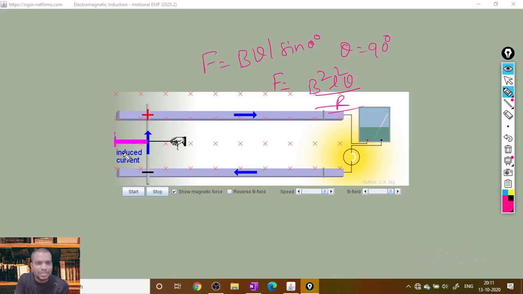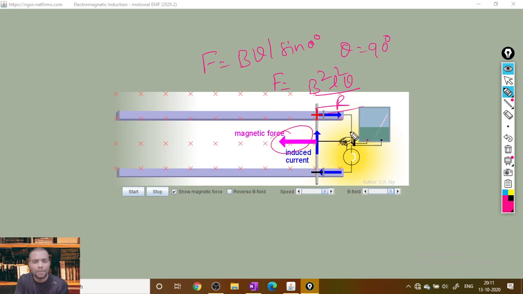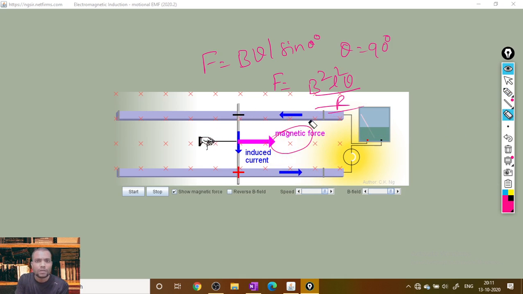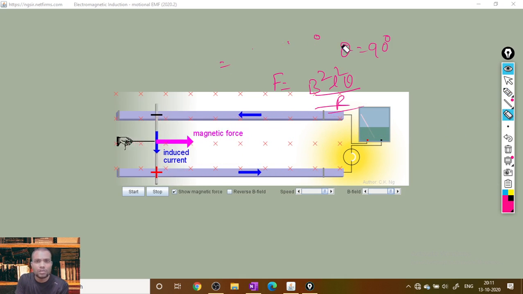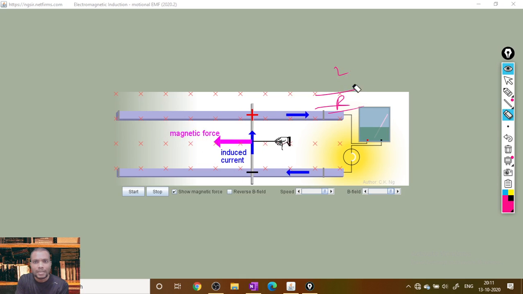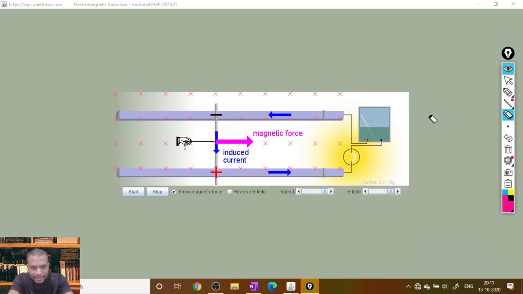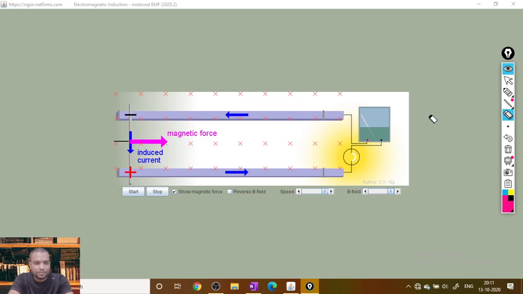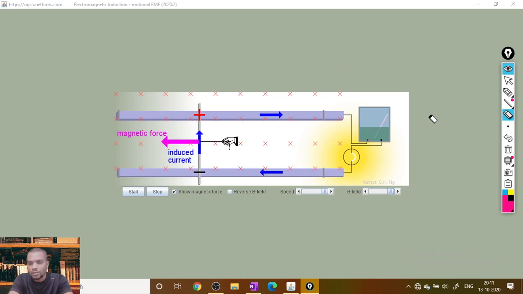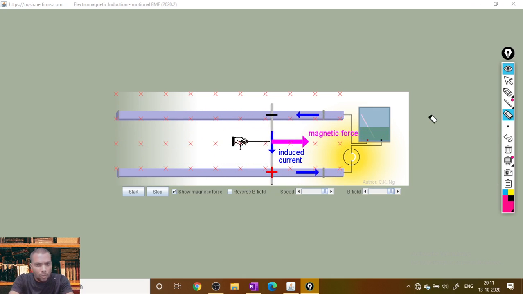That force is the magnetic force, and whatever you are applying is the applied force. As a final conclusion, this concept leads us to conservation of energy. The mechanical energy is converted into electrical energy, then heat energy. This is all about the concept of motional EMF from Lorentz force.